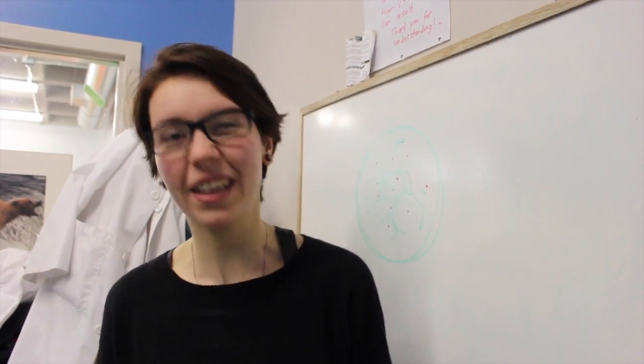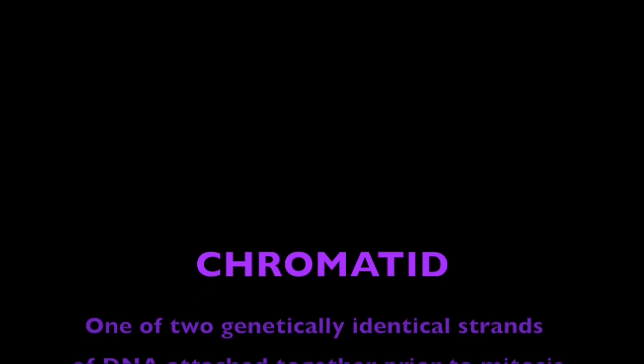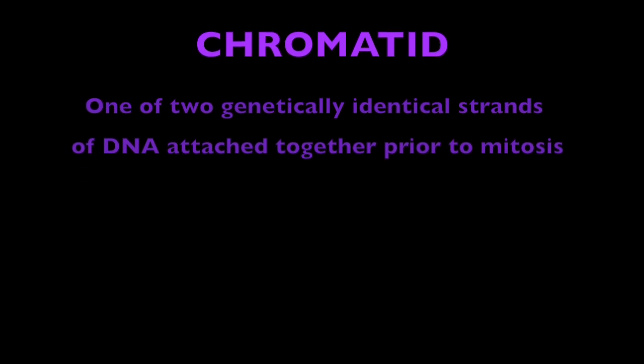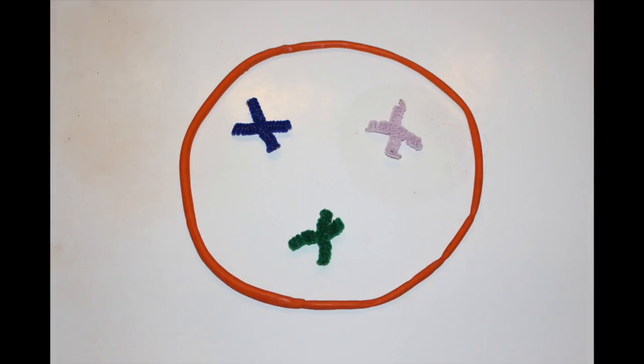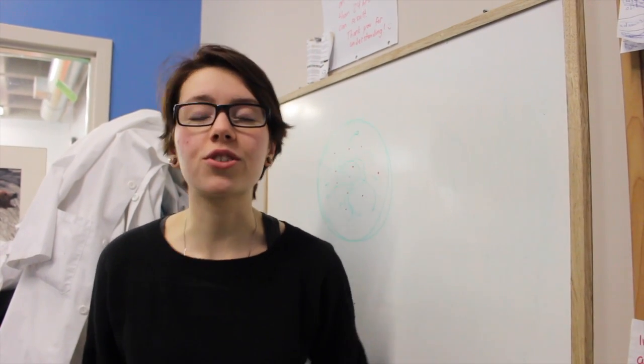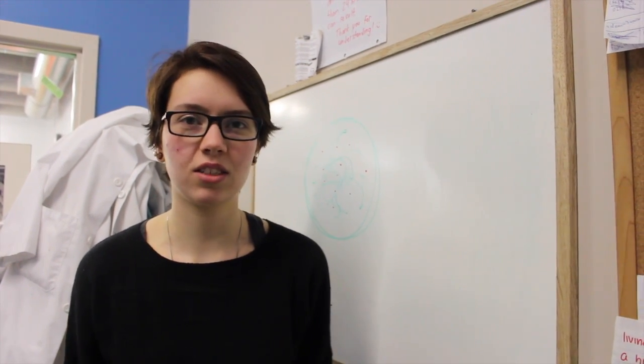The X-shaped thing that is often used to represent chromosomes is actually 2 separate but identical strands of super compressed DNA called chromatids. One of these was produced during the synthesis phase of interphase. Which one?